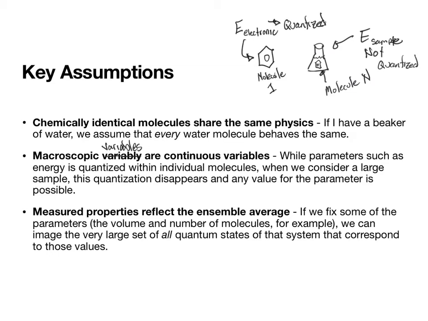We are also going to assume that measured properties reflect the ensemble average. We're going to talk more about what the ensemble average means in a little bit, but for now, let's just go with this definition.